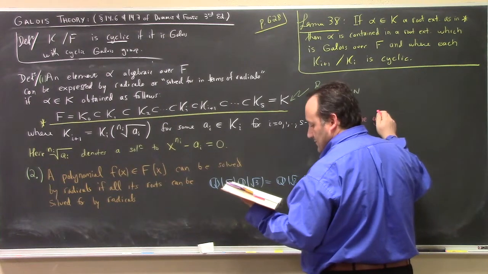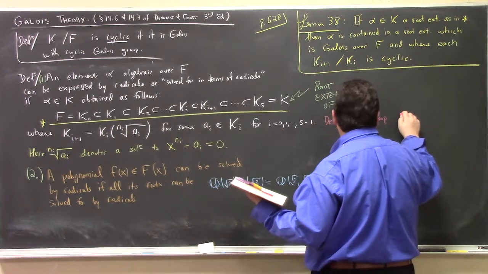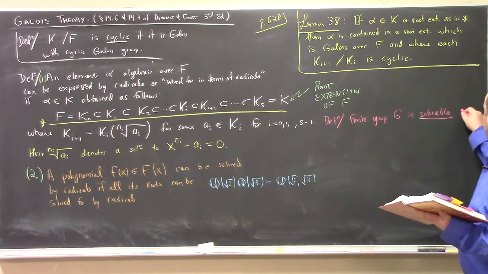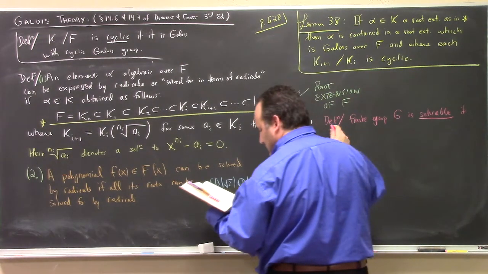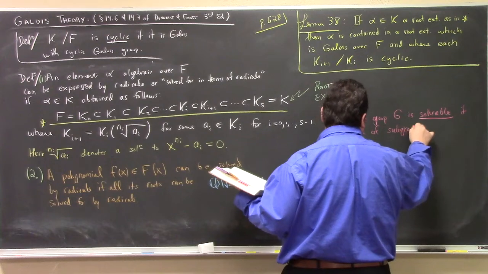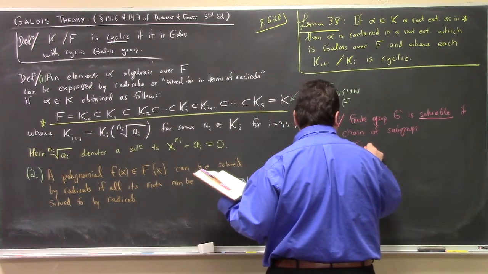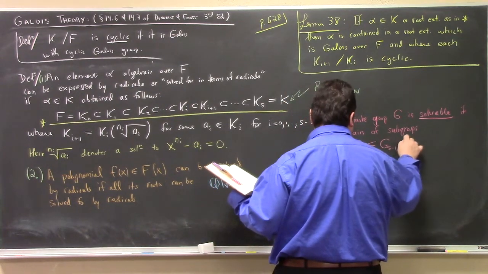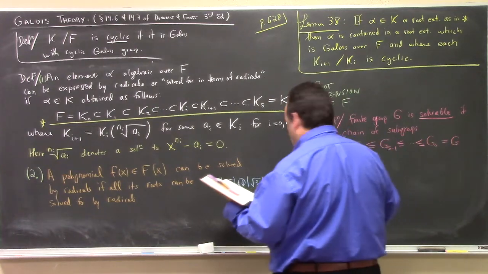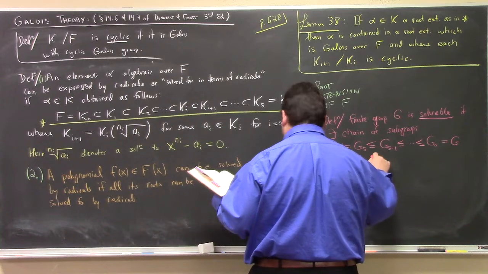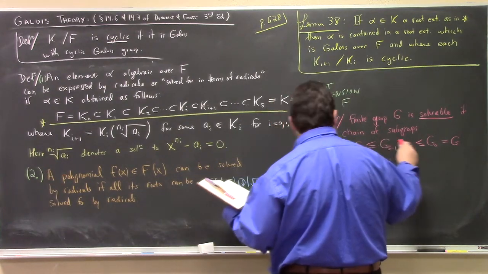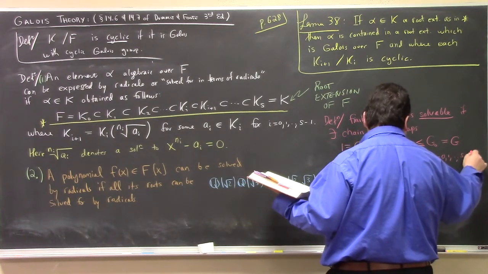A finite group G is solvable if there exists a chain of subgroups G_s, which is a subgroup of G_{s-1}, and so on, up to G_0 equal to G, such that G_i mod G_{i+1} is cyclic for i equals 0, 1, up to s minus 1.